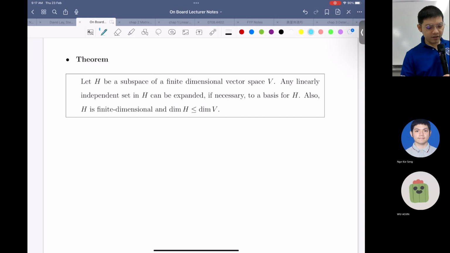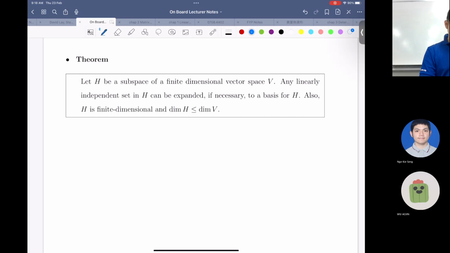Any linearly independent set in H can be expanded, if necessary, to a basis for H. Also, H is finite dimensional, and the dimension of H is less than or equal to n. We won't prove this. This is just, I would say, common sense.